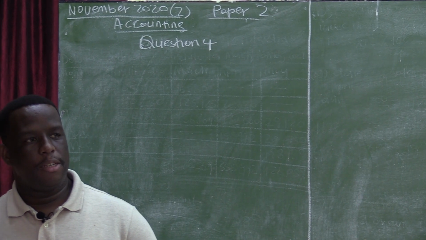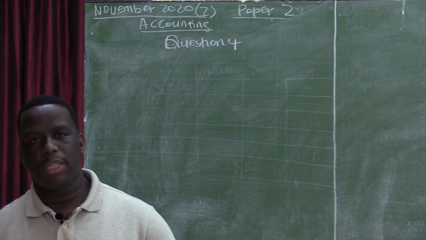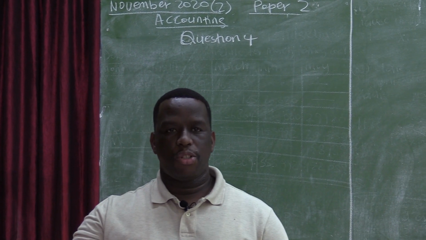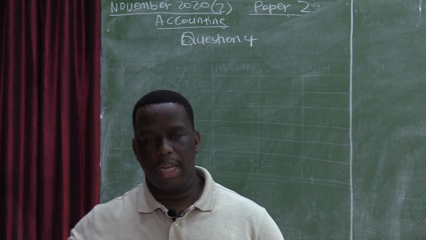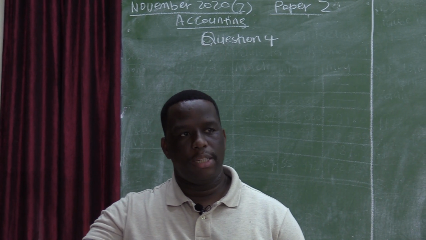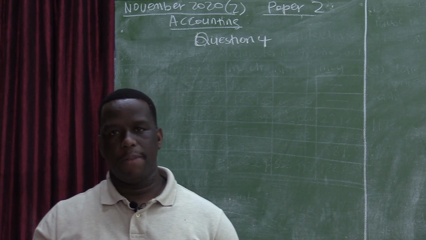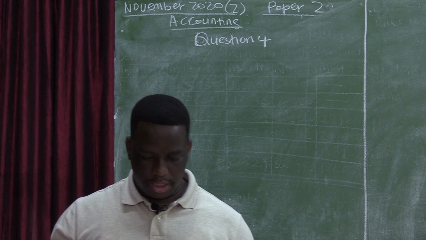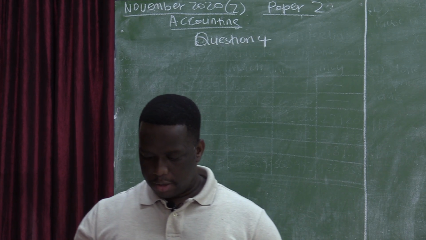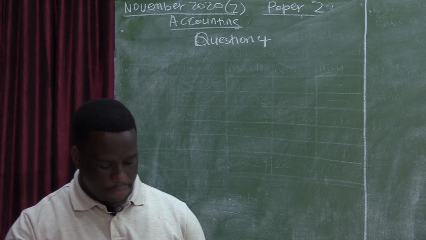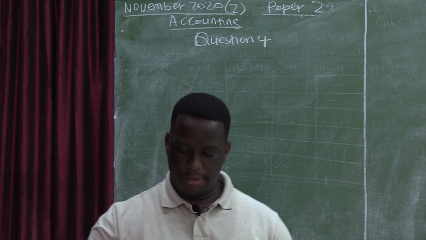The main difference between the 2 systems is that in the perpetual stock system, cost of sales is calculated at the point of sale, but in the periodic stock system, cost of sales is calculated after a certain period of time. These 2 stock control systems have their advantages and disadvantages. But our main focus for now is on question 4, which is based on stock valuation.